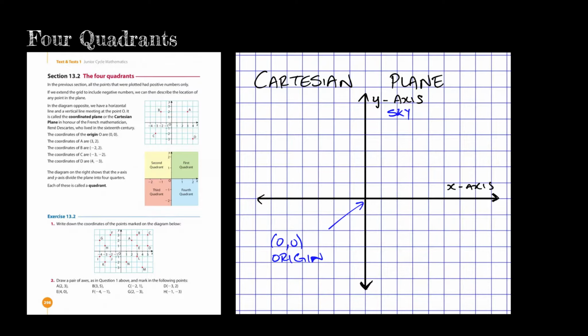And the only other thing you need to know is the quadrants, okay? So we call this one here the first quadrant. So this is all language. We call this one the second quadrant.